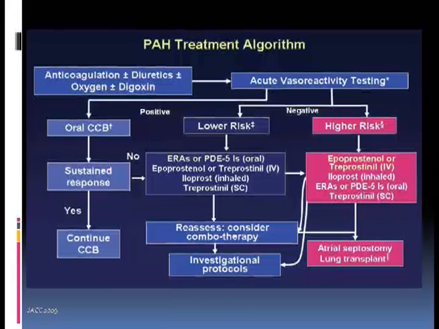You don't have to have lung transplant. Is lung transplant an option for pulmonary hypertension? Yeah, lung transplant is an option. It's when everything fails. Yeah, we do have that one.